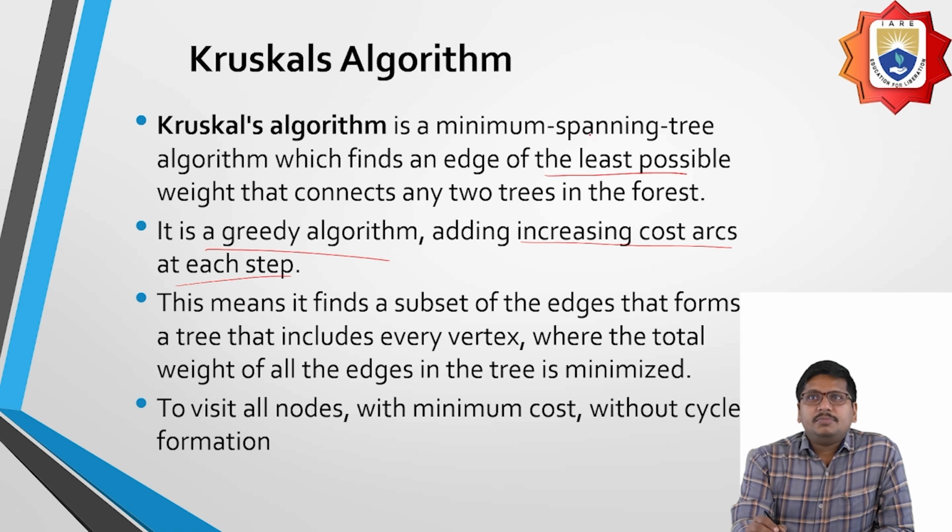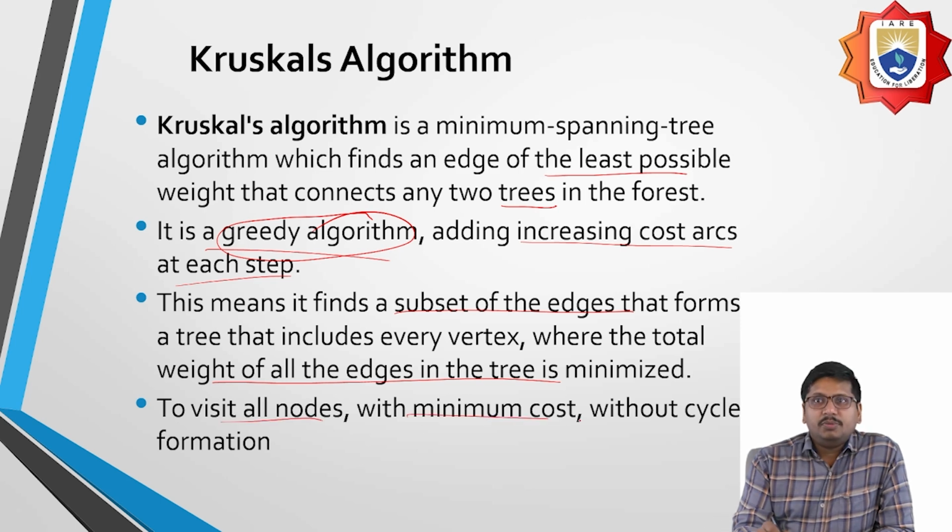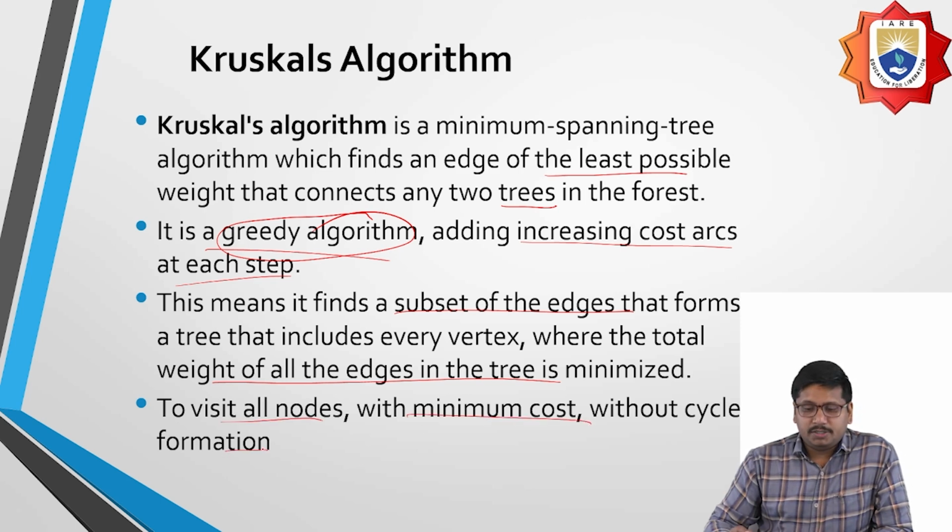So the Kruskal algorithm is the minimum spanning tree algorithm which is going to find the edge of least possible weight that connects any two trees in the forest. This Kruskal algorithm also follows the greedy approach, adding the increasing cost at each step. So it finds the subset of edges that forms the tree that includes every vertex, where the weights of all the edges in the tree are minimized, visiting all the nodes with minimum cost and without cycle formation.